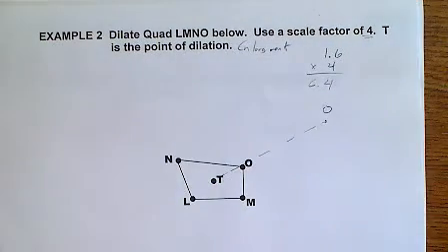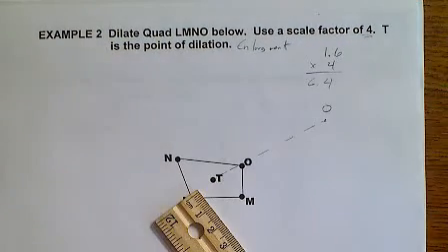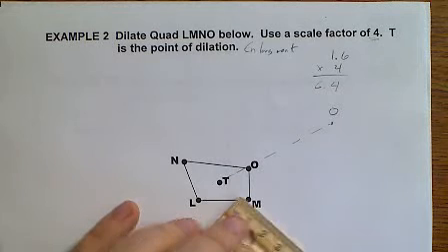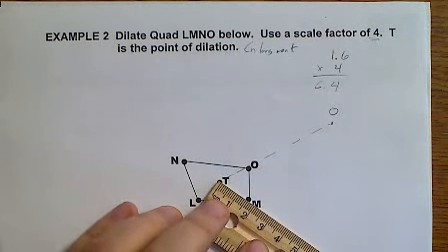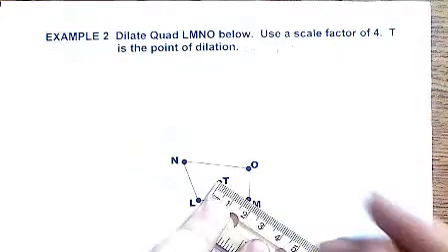For M, we go from T to M. That looks like also 1.6, so we need to go 6.4.